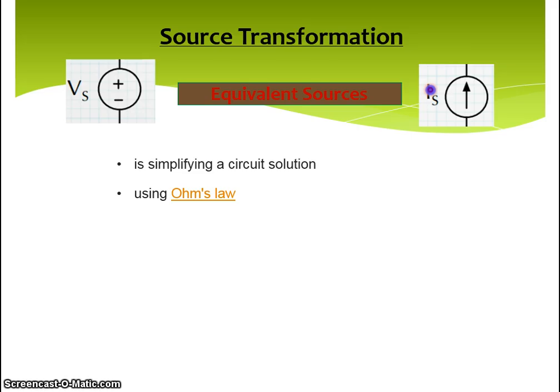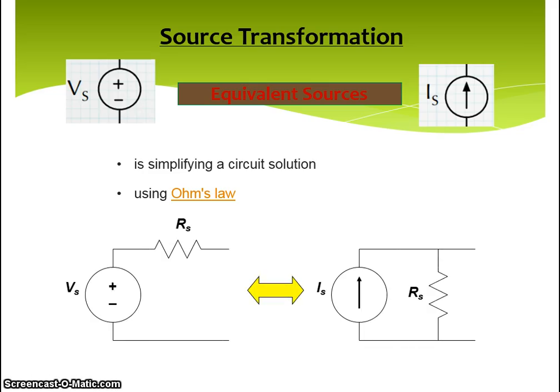Let us have a look at the practical connection of a voltage source and a current source. Practically, a voltage source is always connected in series with a resistance, and for a current source there should always be a resistance parallel to it.